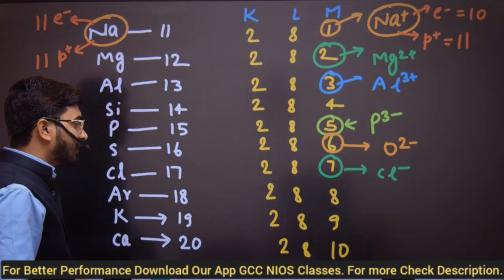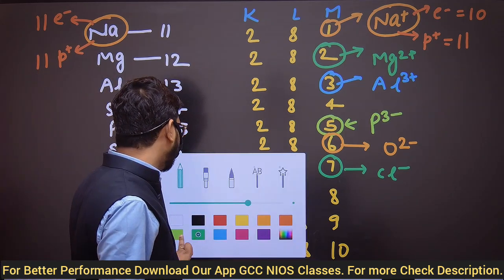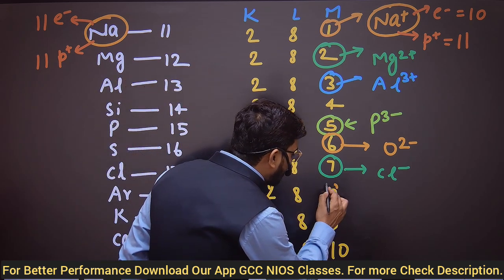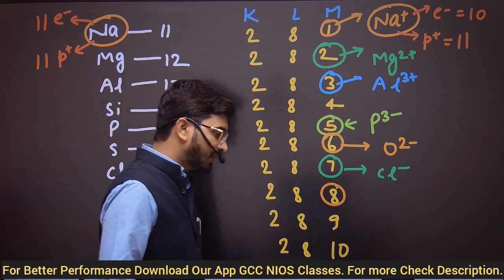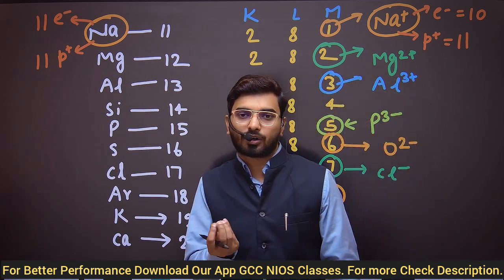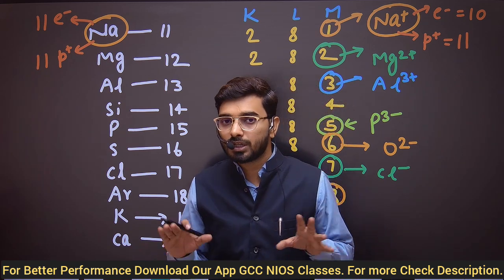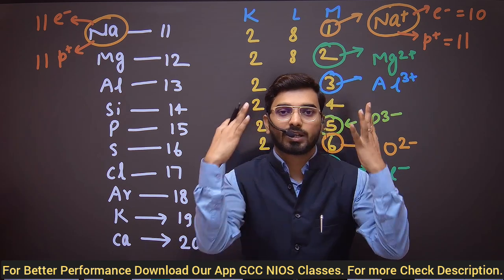And here in the case of argon, it's very clearly written that it has 8 electrons in the last orbit, in the last cell, and you know very well it's ideal. Its 8 electrons are enough to complete the octet rule, so there is no need to accept any electron, or donate any electrons.